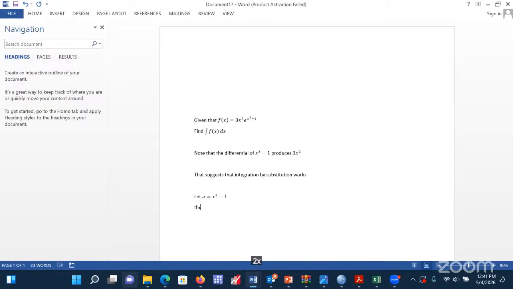Then du dx will be equal to 3x squared. So we can make du the subject.